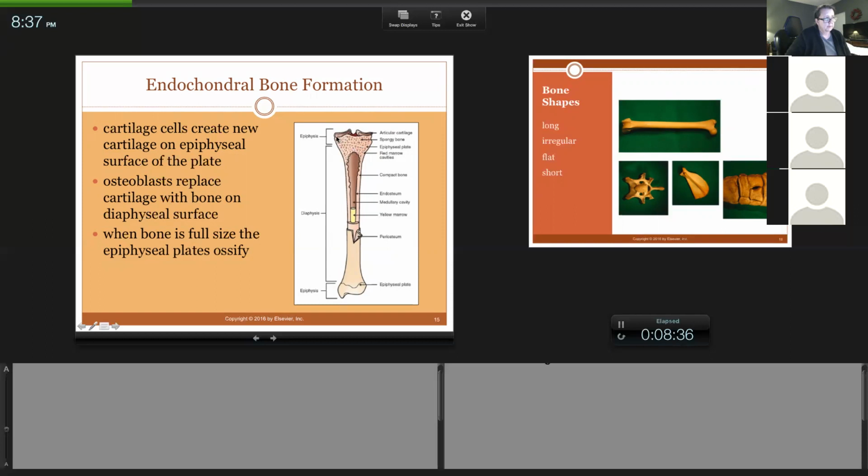If you look at this picture on the top, this is the epiphysis, and because there's a bone that would be attached up here, that would articulate with another bone up here. So the articular surface is always the part of the bone that is in the joint, and we know it moves.